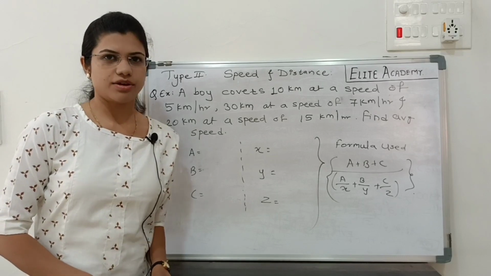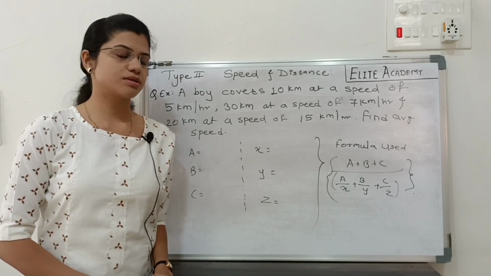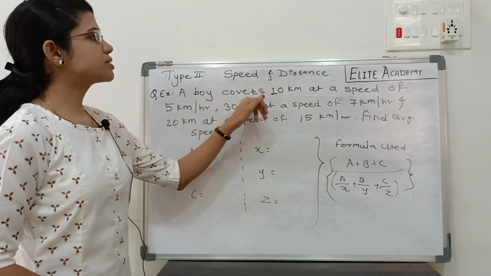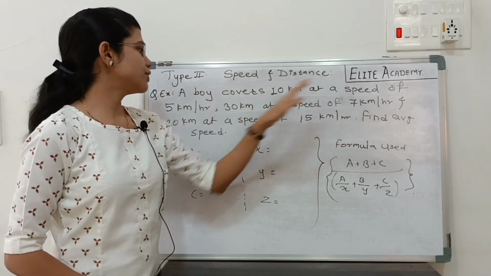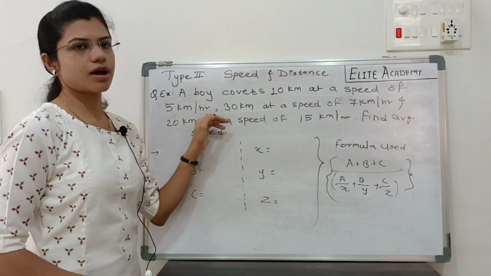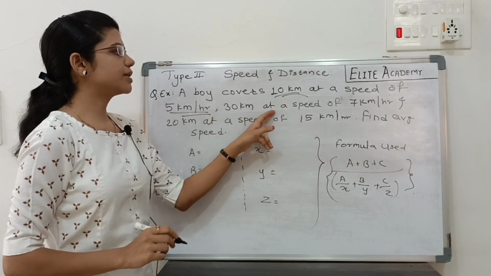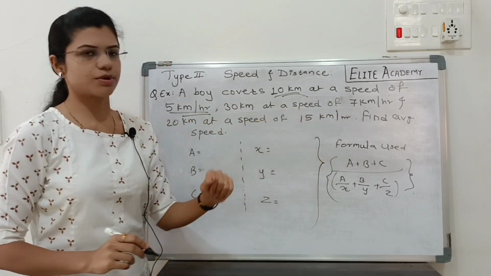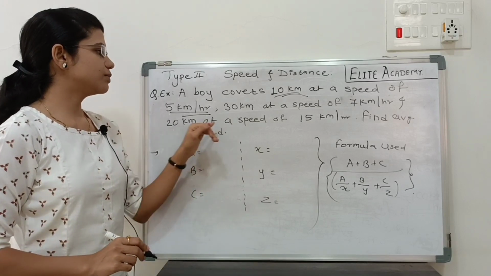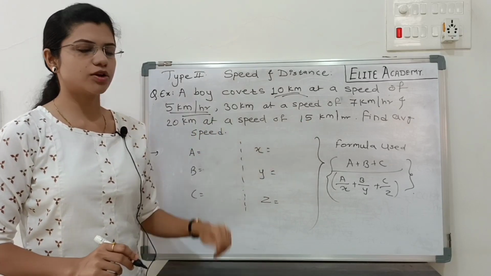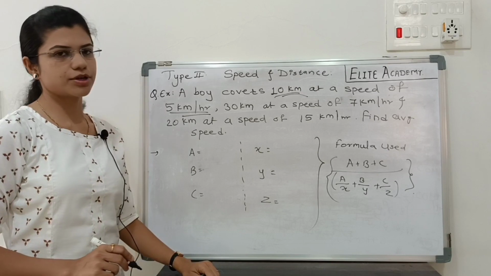Let's check out another example based on different distances. A boy covers 10 kilometers at a speed of 5 kilometers per hour, 30 kilometers at a speed of 7 kilometers per hour, and 20 kilometers at a speed of 15 kilometers per hour. Find the average speed.